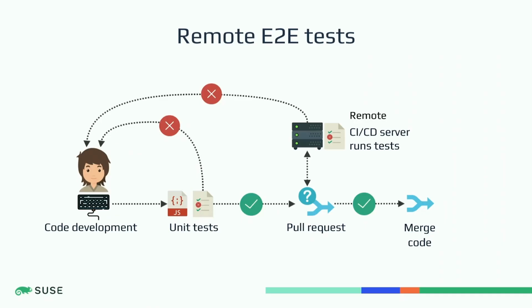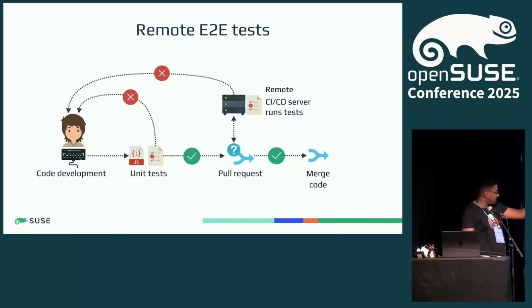And on that pull request, the remote CI/CD server or Jenkins would trigger that. And if something fails, that notification would come. Sometimes these end-to-end tests take hours or sometimes days to run the entire suite of tests, okay? So the feedback loop for a developer to check why it failed is huge.